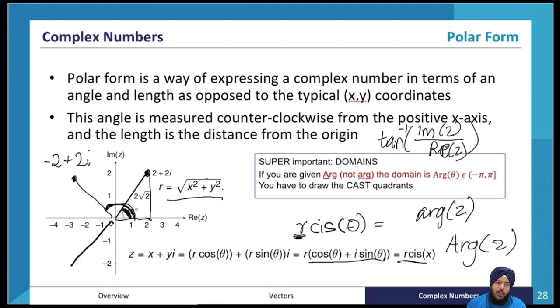If it was in the third quadrant, then we have to set an appropriate angle. However, there is a domain that we need to follow. This angle has to be between negative pi and positive pi. Let me just rub this out.